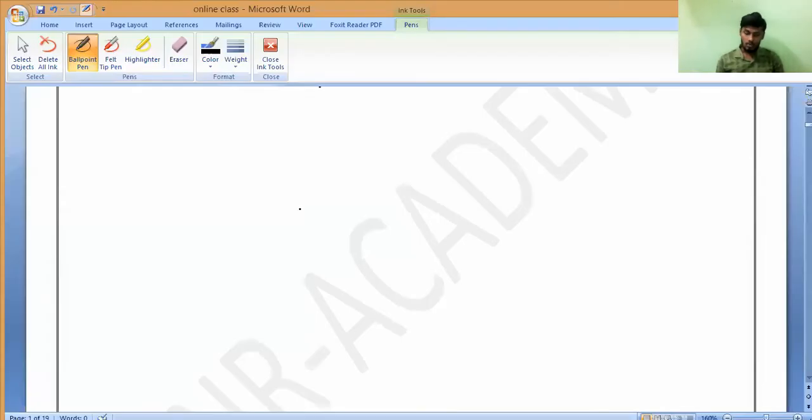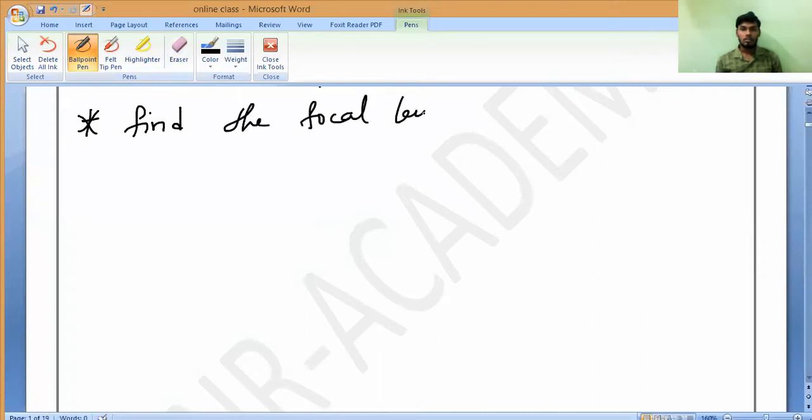Yes, sir. So suppose I am asked to find the focal length of a magnifying glass, that is, of a lens. Let us take the object at infinite distance.